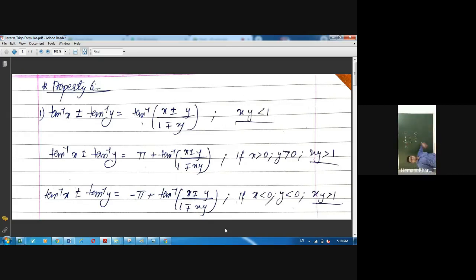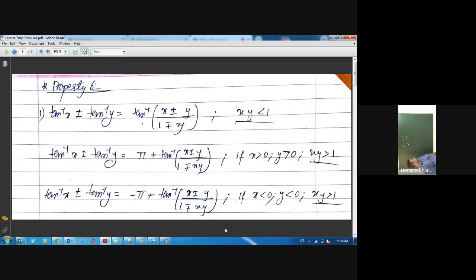Suppose you have something like tan inverse of 2 plus tan inverse of 5. This is your x and this is your y. When you do x into y, you get 10, which is obviously greater than 1.